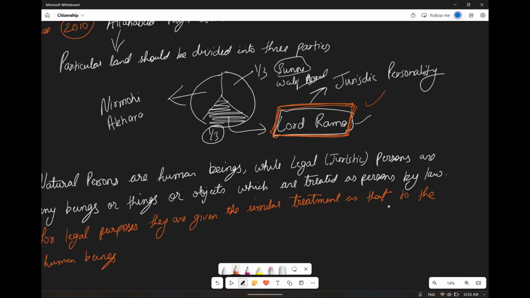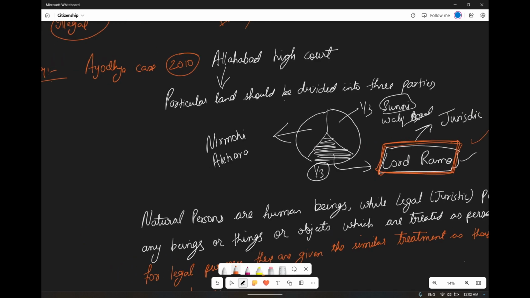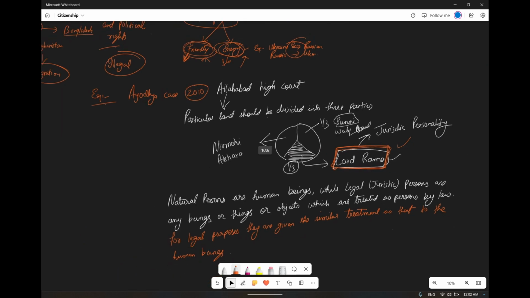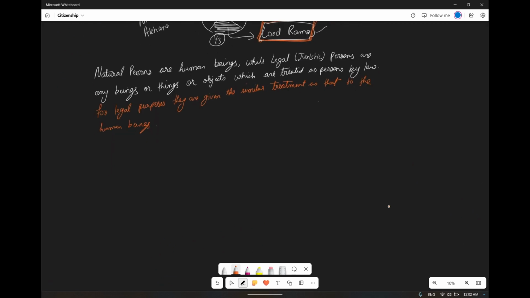So the Uttarakhand High Court said rivers Ganga and Yamuna are juristic personalities. There are other cases, like one example we have seen in the Allahabad High Court decision related to the Ayodhya verdict, where Lord Rama was considered a juristic personality.